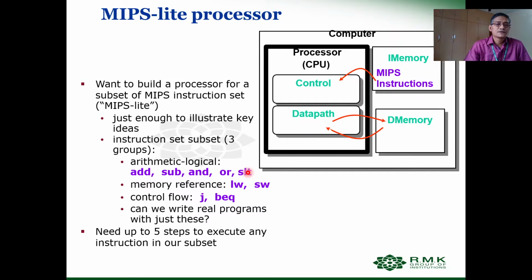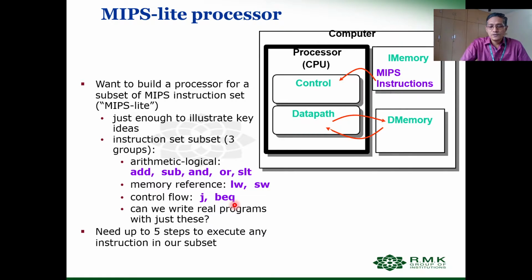Then memory reference instructions are there, like load word and store word, and control flow instructions are jump and BEQ. BNE is also there. For our example, we are going to see a few sets of instructions, and then build the data path for all the instructions with respect to the MIPS.